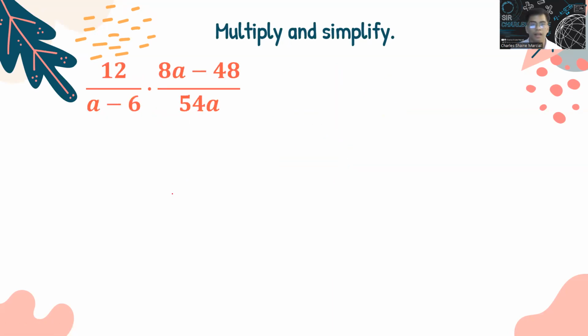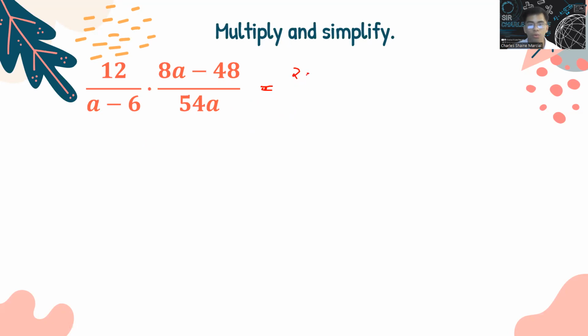All right. Another example, we have 12 over a minus 6 times 8a minus 48 over 54a. Let's try. Ang gawin natin, i-factor natin lahat. Ano yung pwedeng i-factor kay 12?